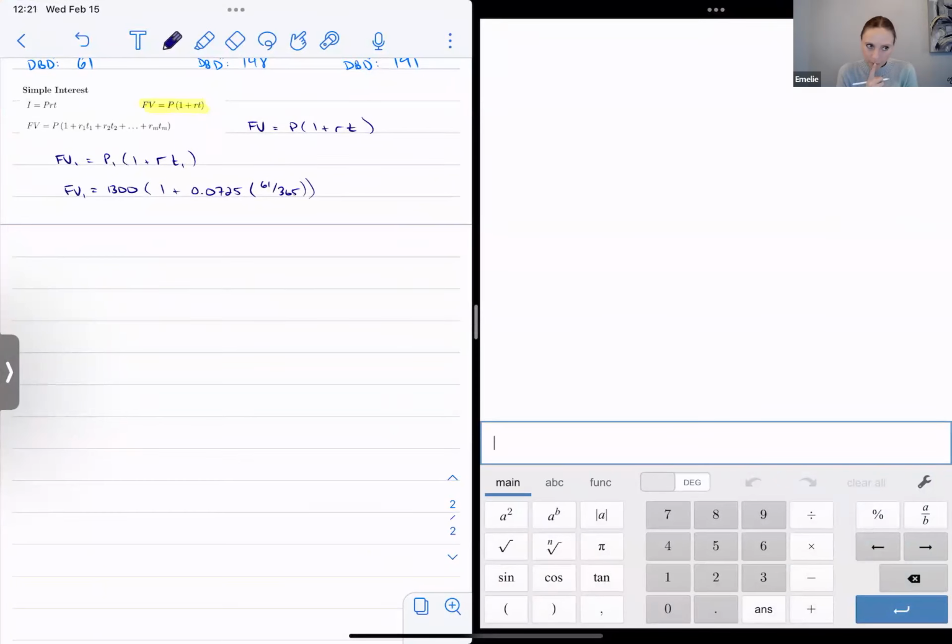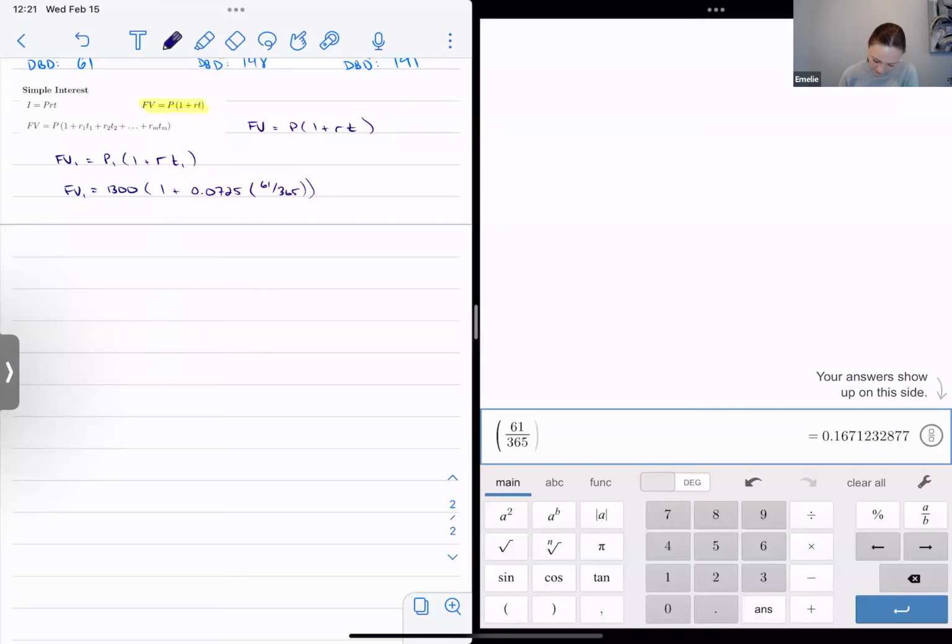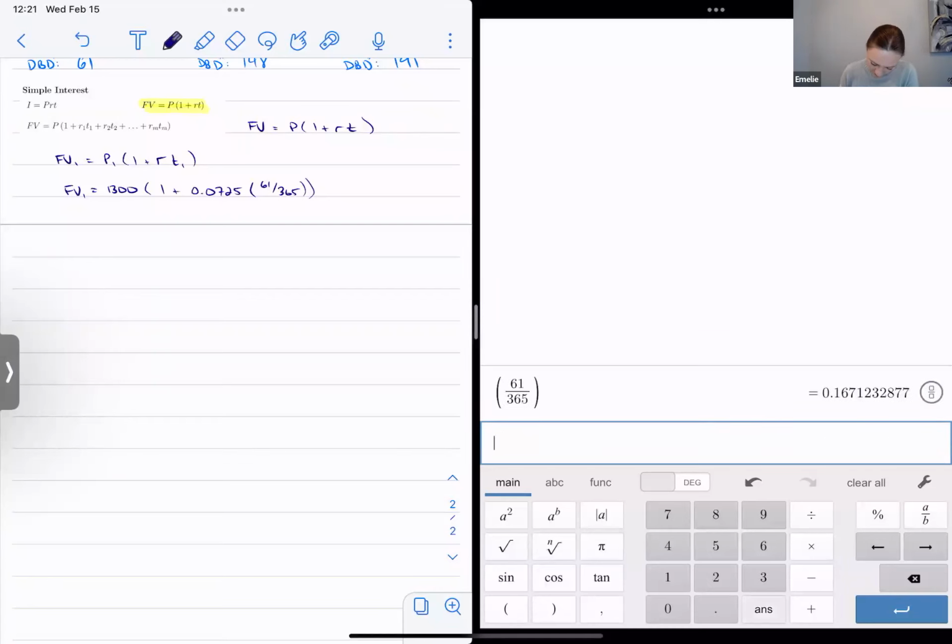You're going to have to be really, really careful with your order of operations and using brackets properly. I'm going to map this one out as you would do it incrementally. So 61 over 365. First thing you're going to do, find that value. Then you're going to multiply it. So I'm going to do that on the next line.